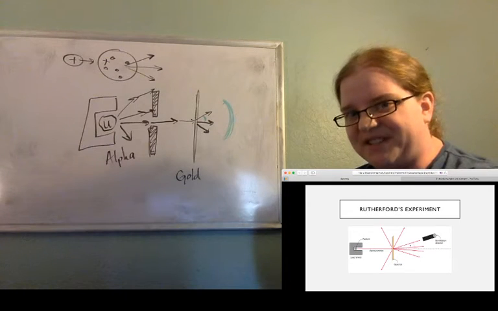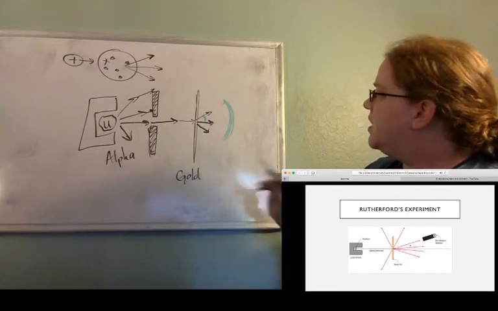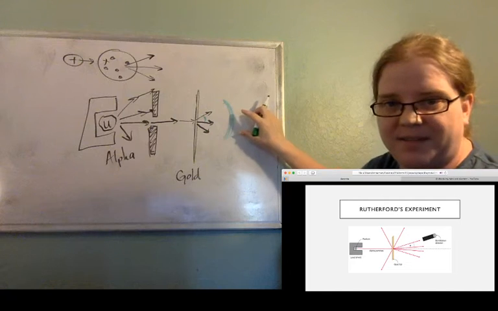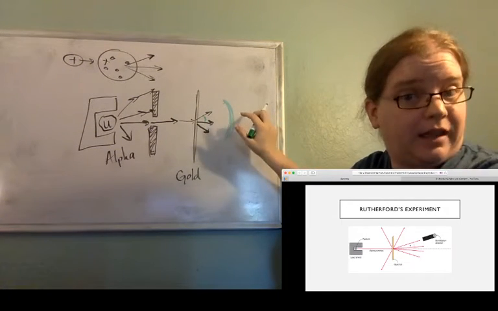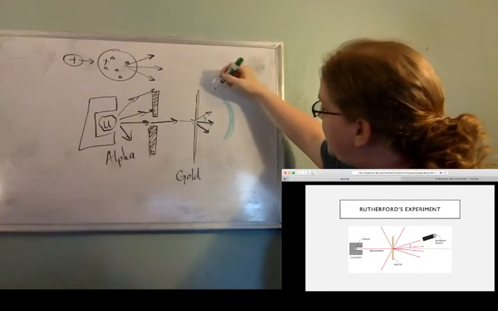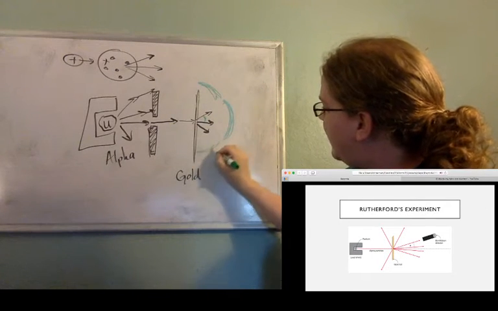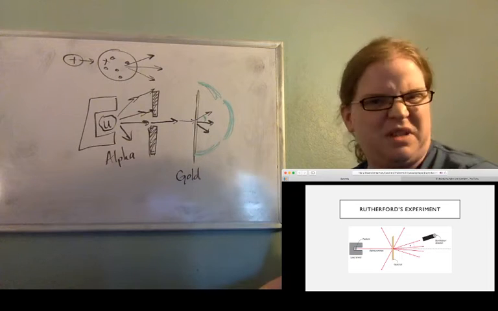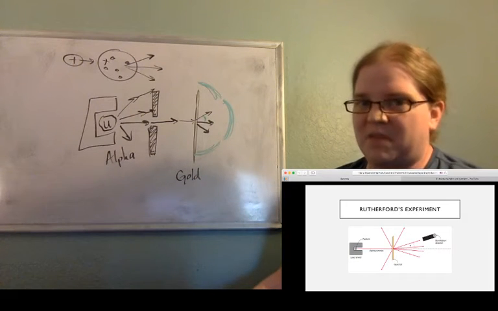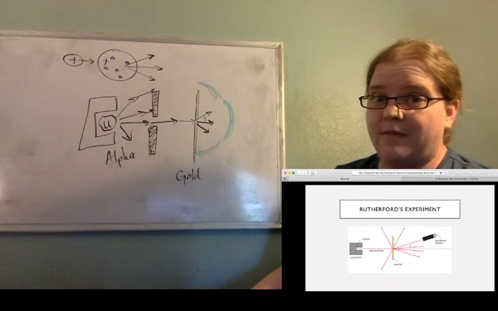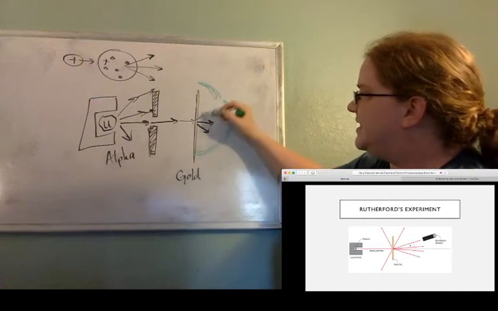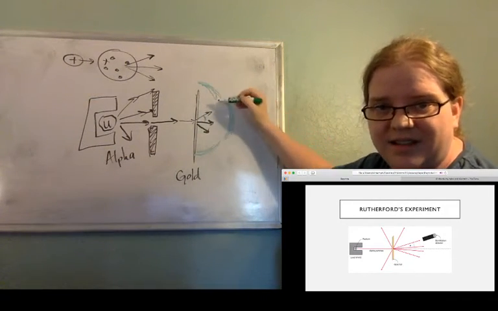But Rutherford wasn't done, okay? He had this here, and he saw what he expected to see, and then he kept looking, okay? And so he put his detectors here and here, and now we're getting to kind of medium angle. Now we're looking at maybe like 30 degrees or 45, or maybe even like 70 or 90 degrees, okay?